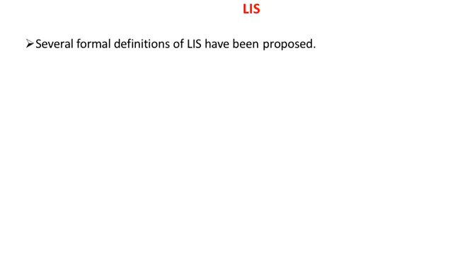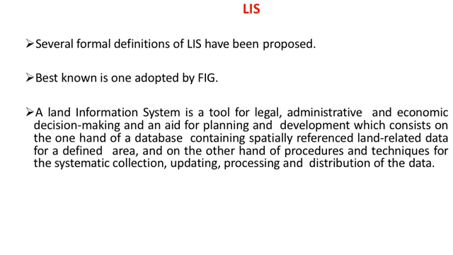Several formal definitions have been proposed by different organizations. The best one is given by the International Federation of Surveyors: a land information system is a tool for legal, administrative, and economic decision making, and an aid for planning and development, which consists of a database of spatially referenced land related data for a defined area, and procedures and techniques for collecting, updating, processing, and distributing that land related data.